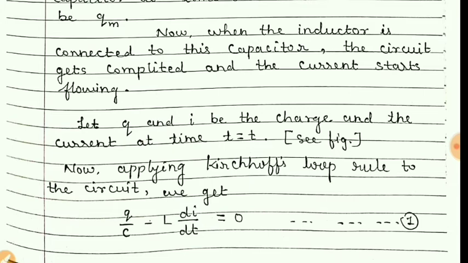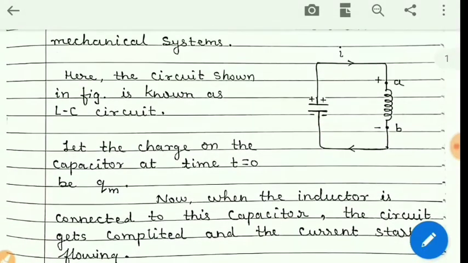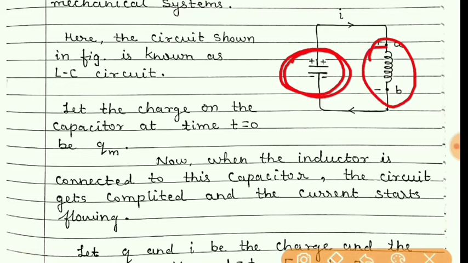So in this case, applying the Kirchhoff loop rule to the circuit. So here now we can apply the Kirchhoff rule. The potential between the two plates of the capacitor and the potential difference across the inductor, their summation should be equal to 0.